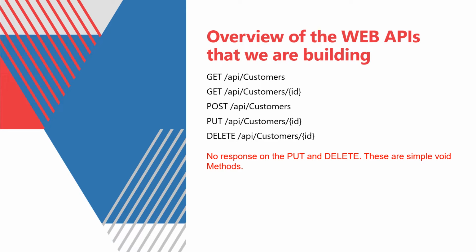The third, a POST endpoint, will save a new customer. The PUT will edit an existing customer by ID, and the DELETE will delete a customer by ID. Keep in mind that there is no response on the DELETE and the PUT methods because these are simple tasks, or maybe void methods.